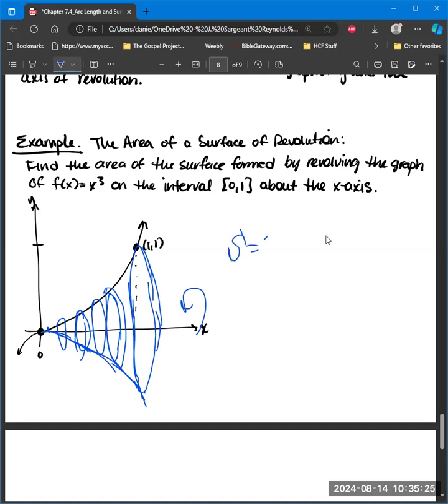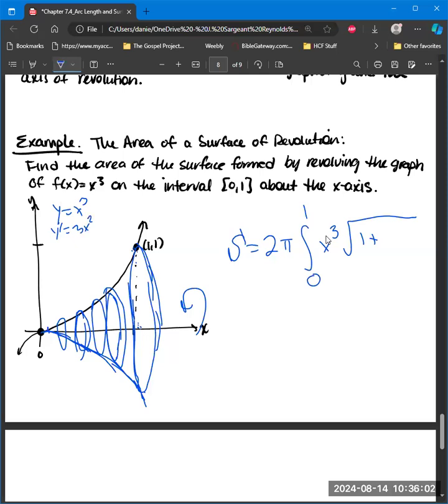So S is going to be 2 pi integral from a to b, so 0 to 1, of, and then our distance from the axis of revolution to the function is our y, which is x cubed. And then we have 1 plus, and if y equals x cubed, y prime is equal to 3x squared.